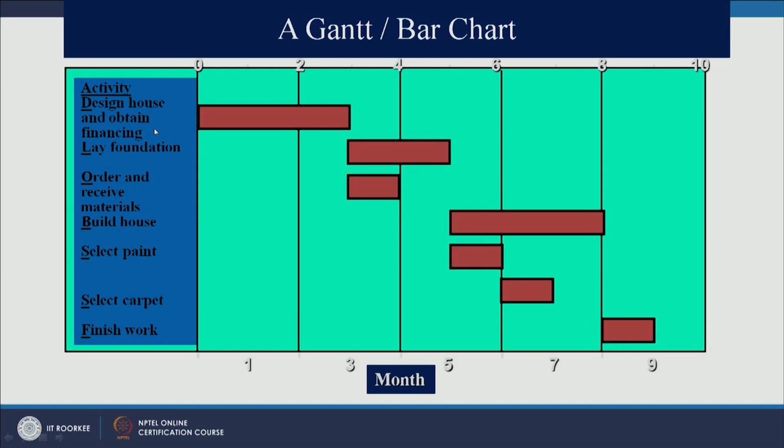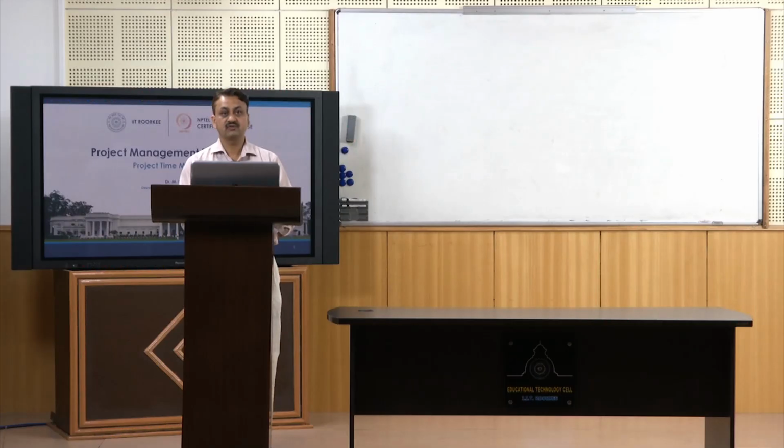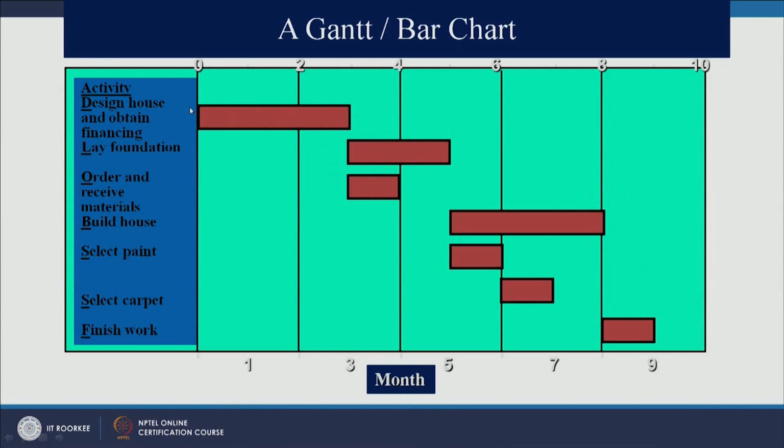So this is nothing but a simple bar chart which will give you when an activity has started and when it has been completed. In fact, by looking at a bar chart you really do not know whether this activity is over or not, because we do not know the actual duration of this activity.